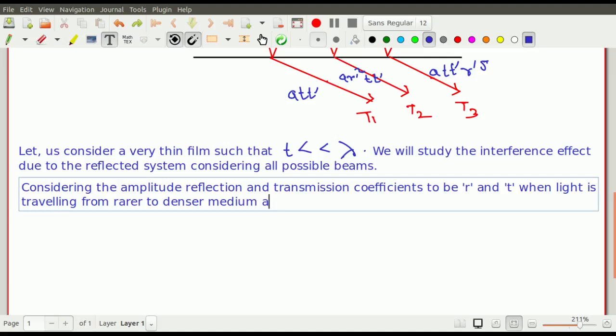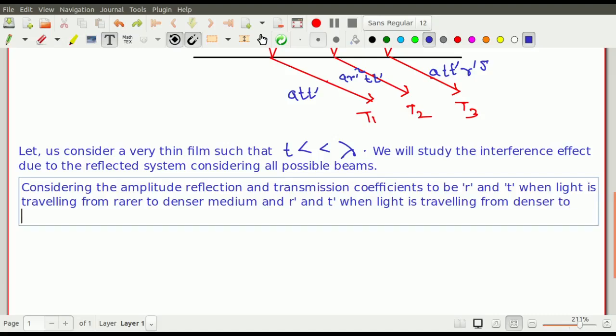and r dash and t dash when light is traveling from denser to rarer medium, মানে film to outside, denser to rarer medium.